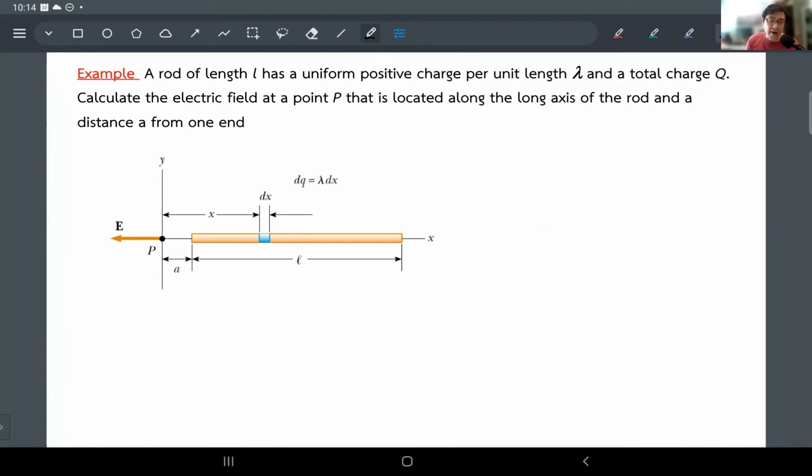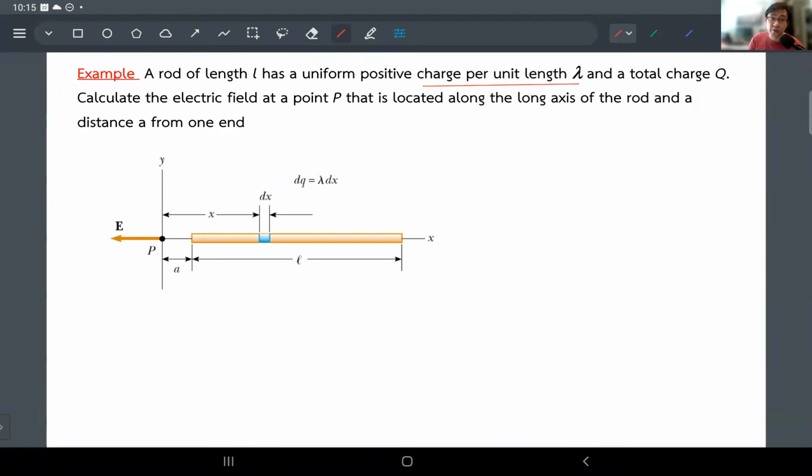You have a rod of length L with a uniform positive charge per unit length, lambda, and a total charge Q. Calculate the electric field at a point P located along the axis of the rod, at a distance a from one end.